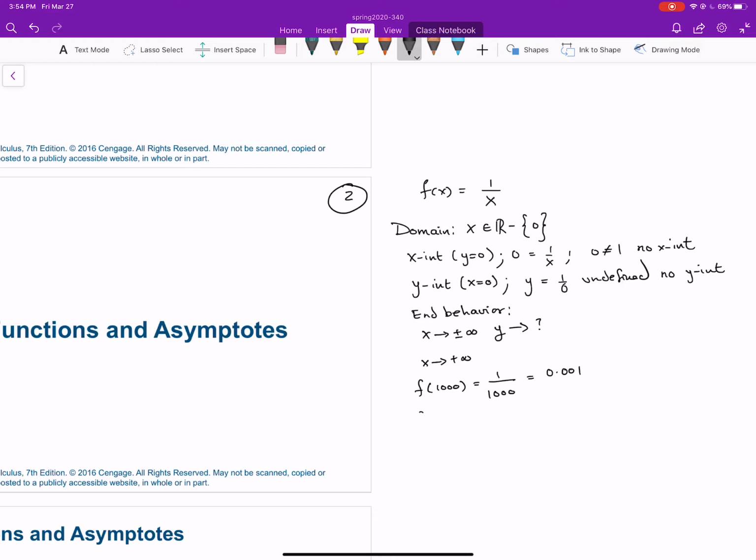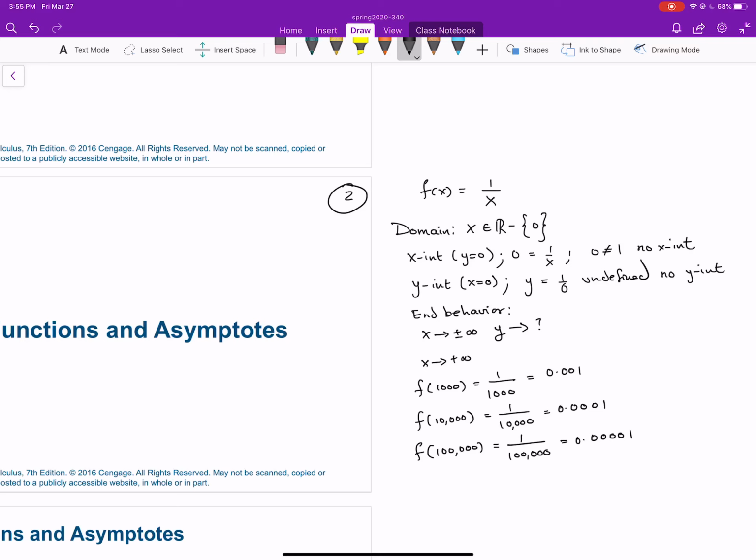Now let's try another one. Let's try 10,000. I get 1 over 10,000, which is 0.0001. If I try f of 100,000, I end up with 0.00001.